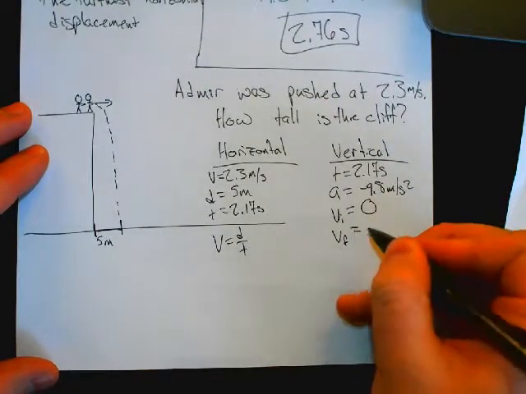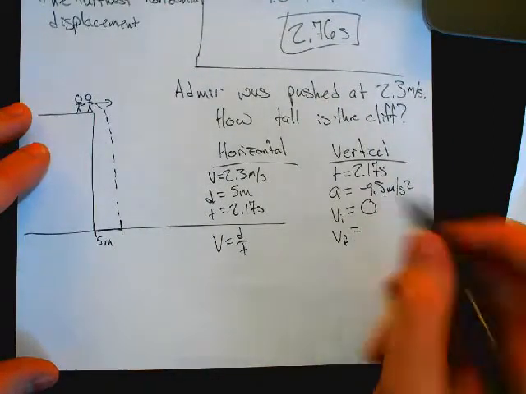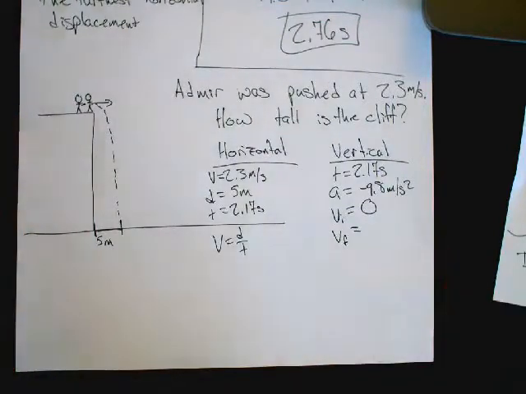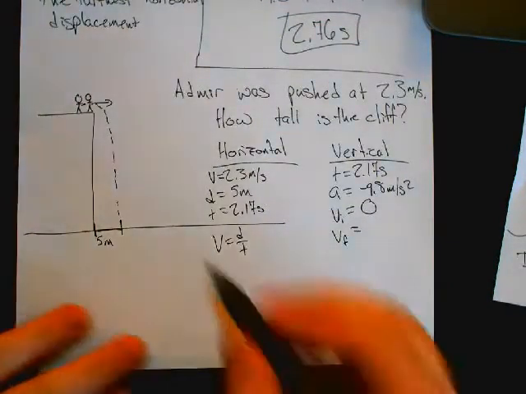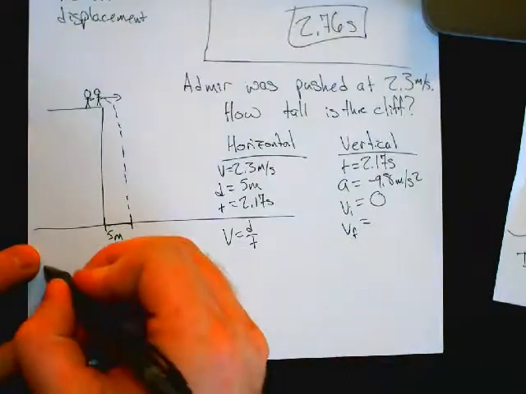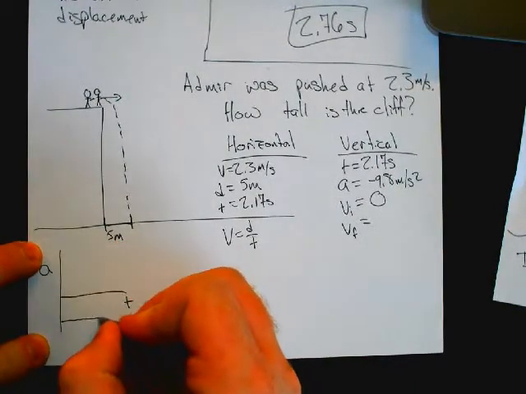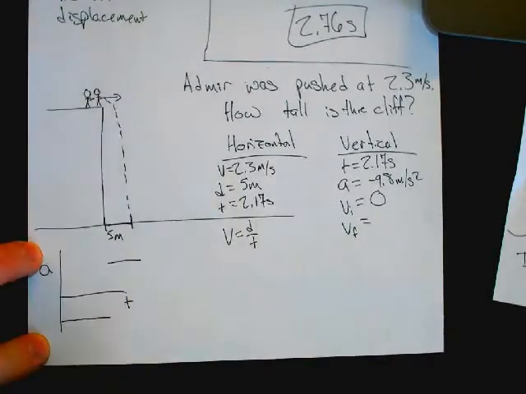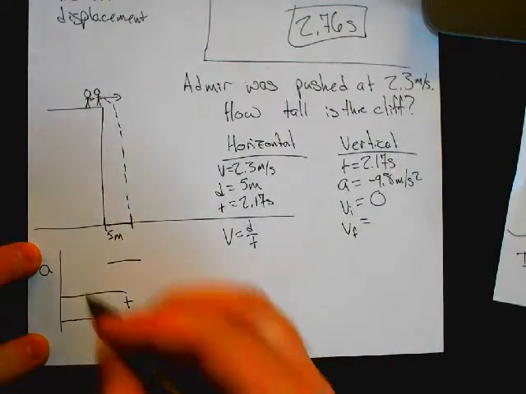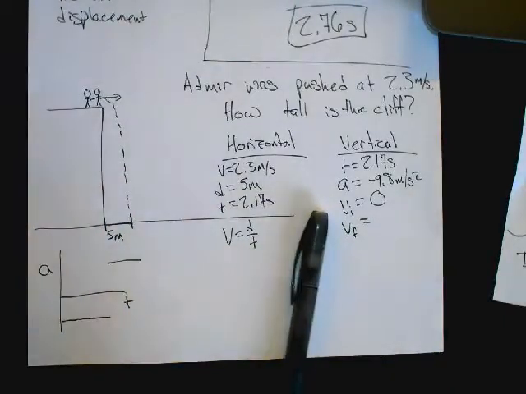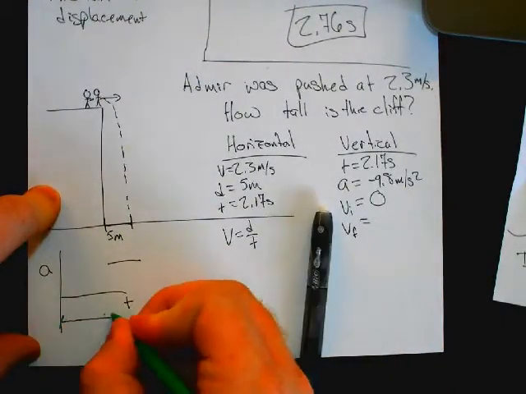I heard final velocity? That's a separate situation. So what we'd be looking at then is if we had an acceleration versus time graph, we'd be looking at gravity, gravity, gravity, hit the ground, some high positive acceleration. We are only looking at this segment here.